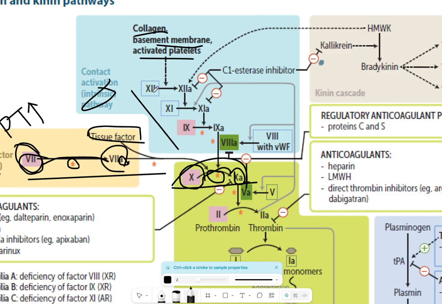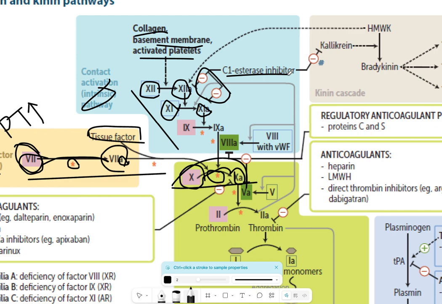Okay, so this starts with the factor 12 converting into factor 12A, and this 12A converts factor 11 into 11A. Both these activated 12 and activated 11 can be inhibited by C1 esterase inhibitor. Okay, that is something you should know.